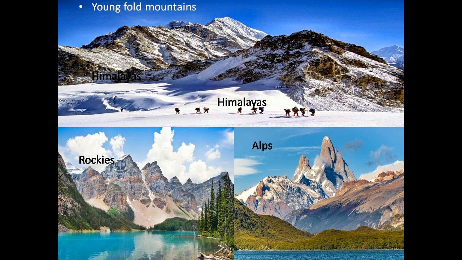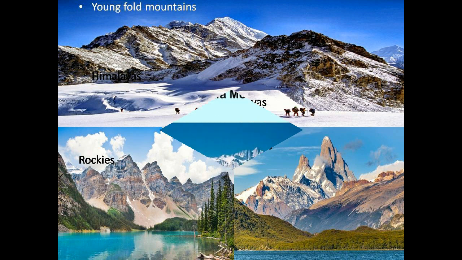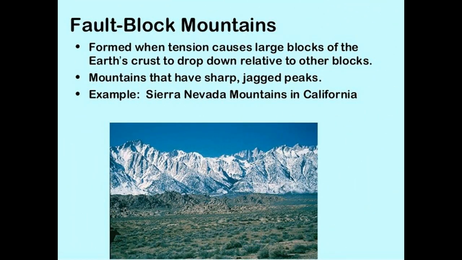Young fold mountains are rugged and lofty: the Rockies of North America, the Andes of South America, the Alps of Europe, the Great Dividing Range in Australia, the Atlas Mountains in Africa, and the Himalayas of Asia are examples of young fold mountains.